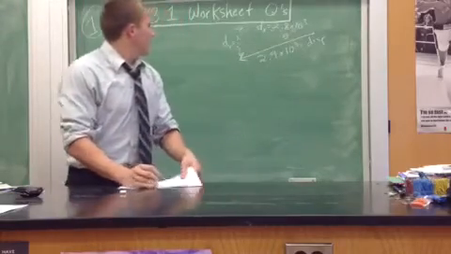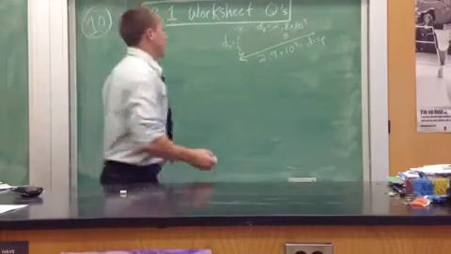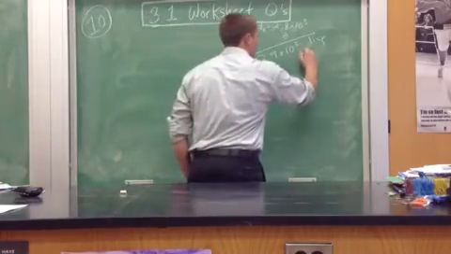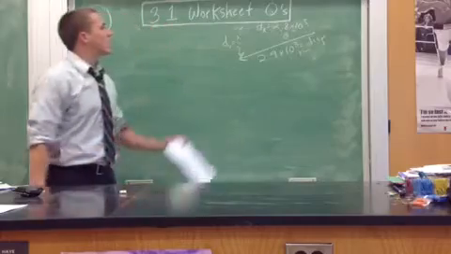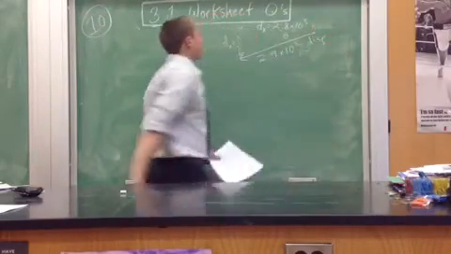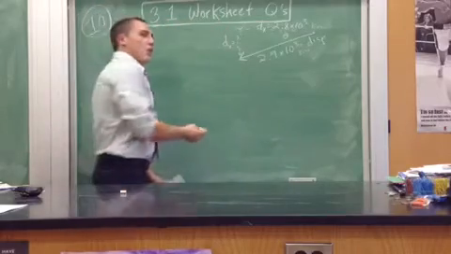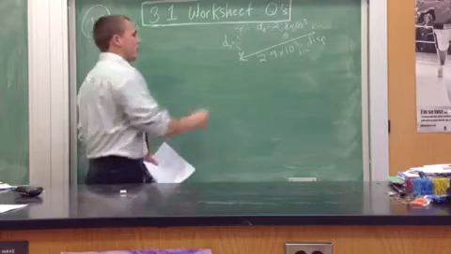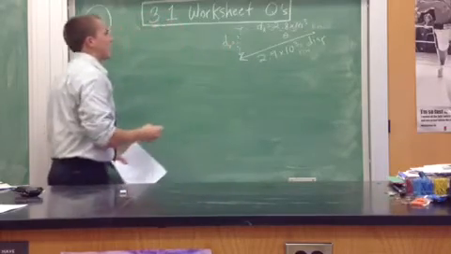Number 10. We're given a displacement initially of 2.9 times 10 to the third kilometers. We're also given the x component, which is 2.8 times 10 to the third kilometers. So the question's asking, what is the y component, and then what's the direction? So to find the y component, let's use Pythag.